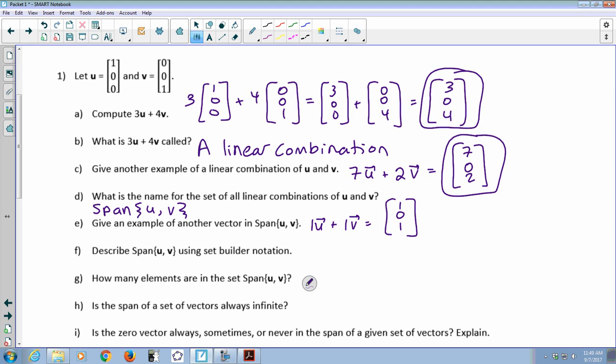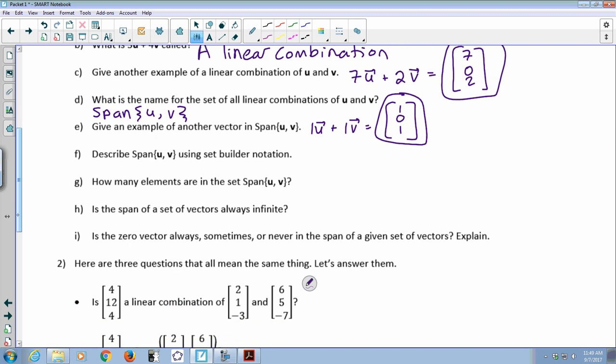If I want to describe the span using set builder notation, these 3 vectors that I've written down that are all in the span, what do those 3 vectors have in common? They all have a 0 in the middle. So I can use that to describe this using set builder notation.